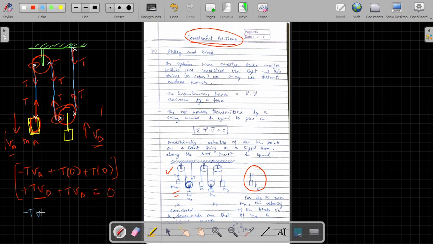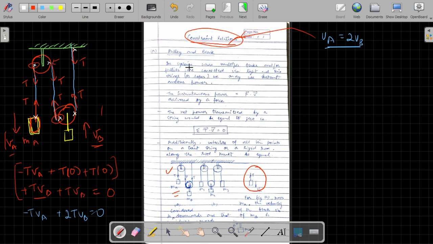Upon calculation, we would say that minus TVA plus 2TVB is equal to 0, or VA is equal to 2VB. So this is our constraint relation. Now, how would this help us further?